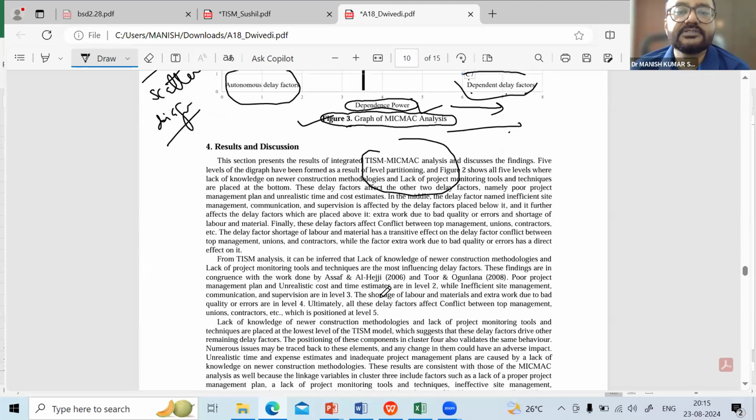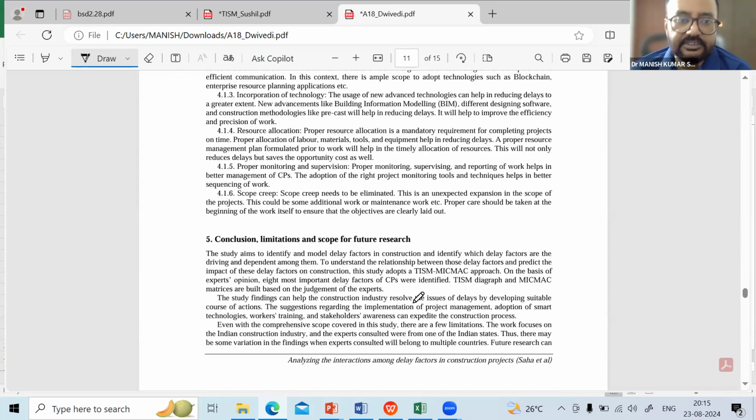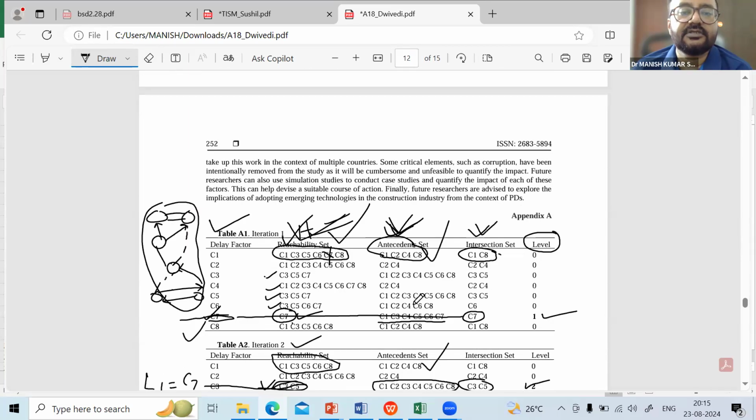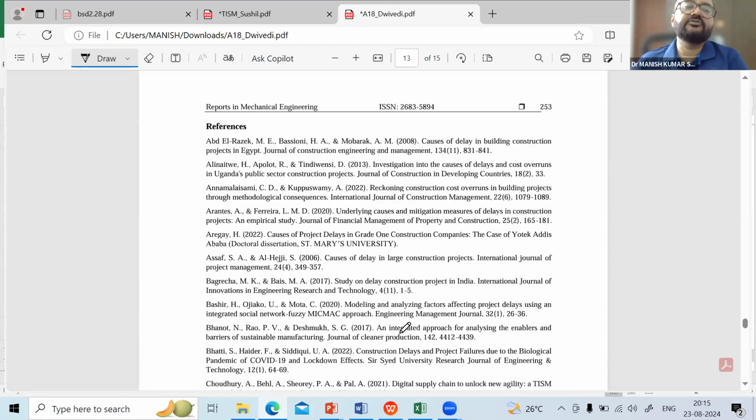I'll share the papers and the slides I've shown immediately after this. I think I am done with the methodology portion. You have to read these two or three papers and try to do it. But remember, preparing the questionnaire is also important. First define the variables, then define the relationship, and then prepare the questionnaire.